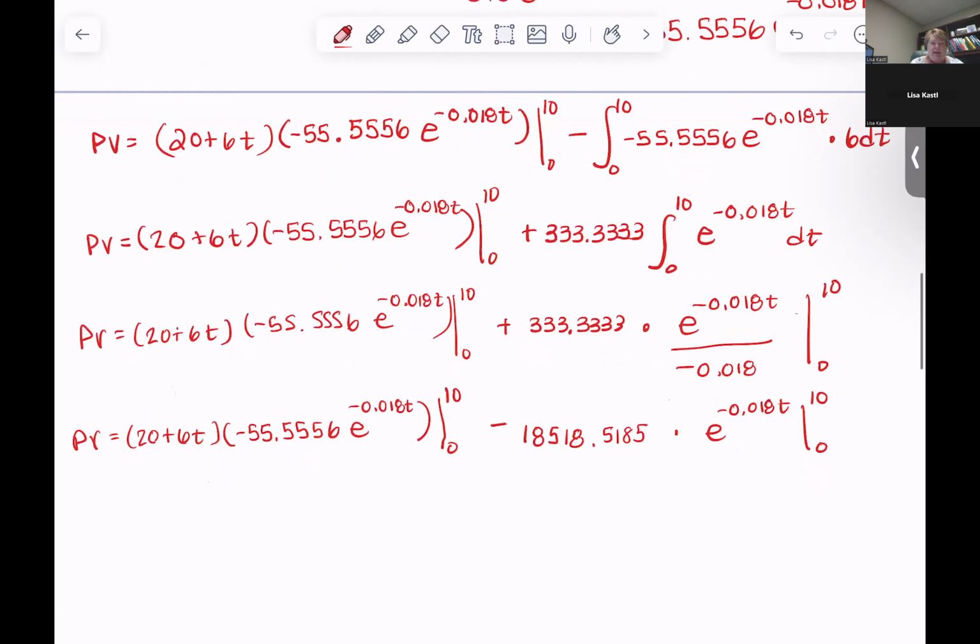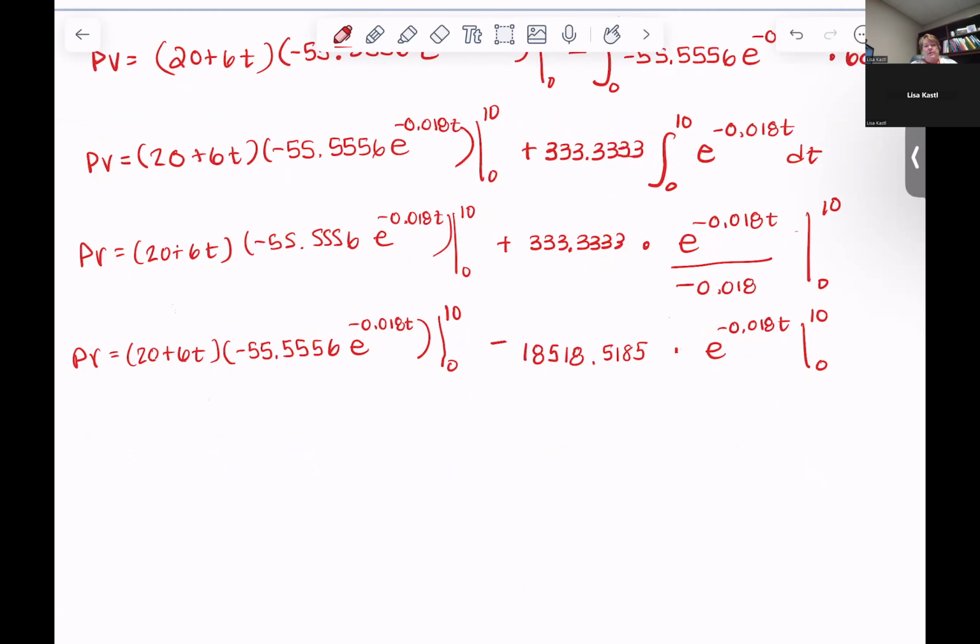All right, finally get to do some evaluation. So in the first part, I'm going to first plug in t equals 10. So when I put a 10 in right there, 6 times 10 is 60, plus 20 is 80.